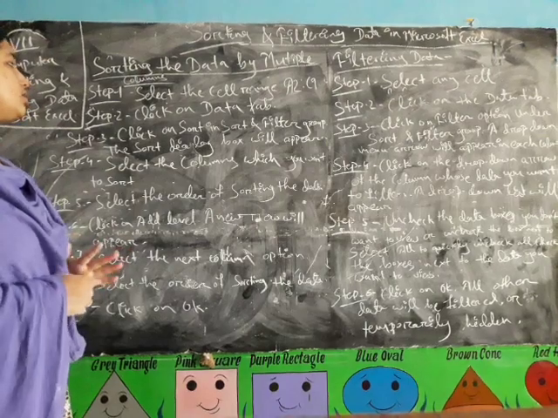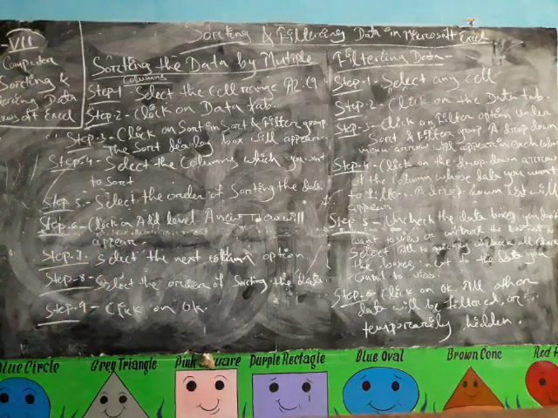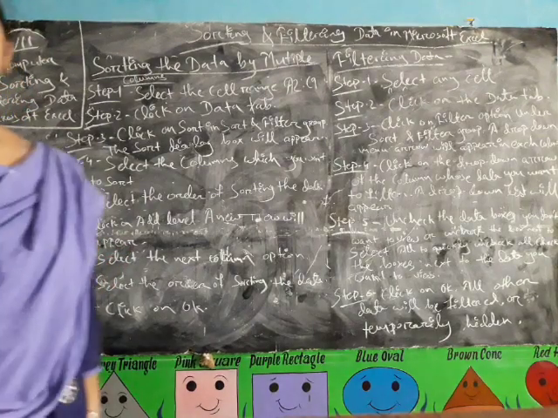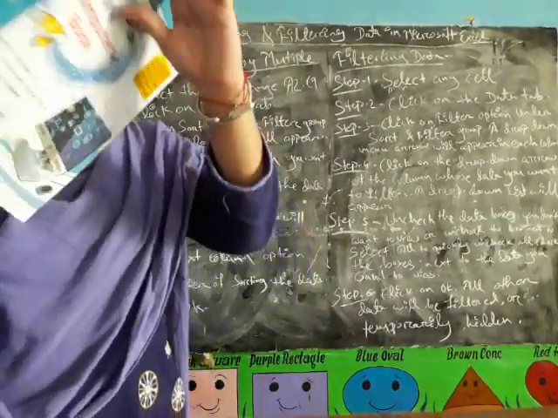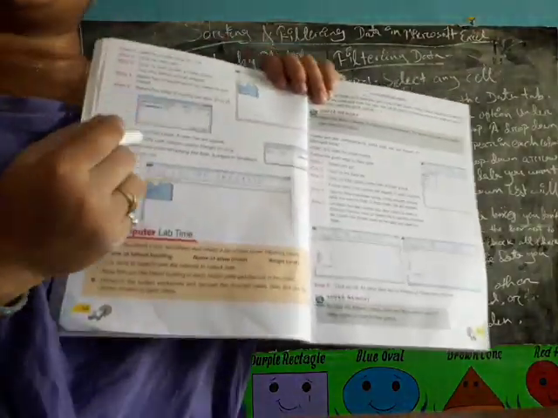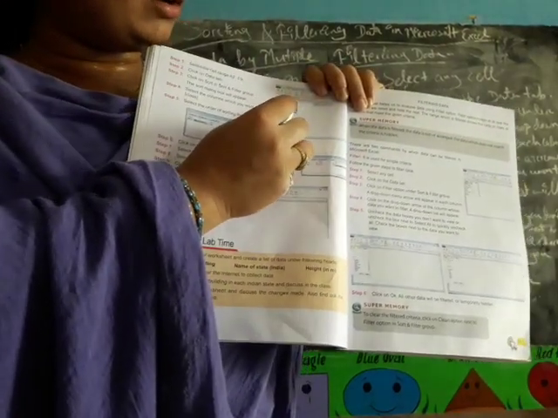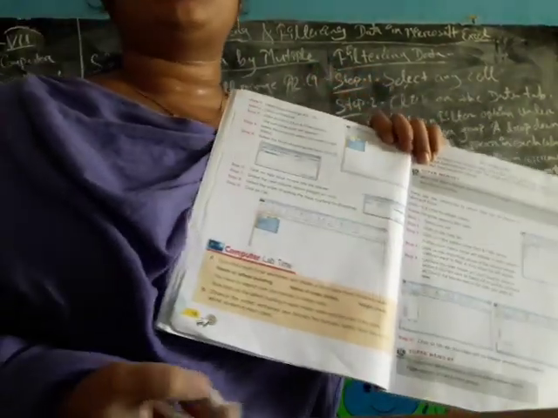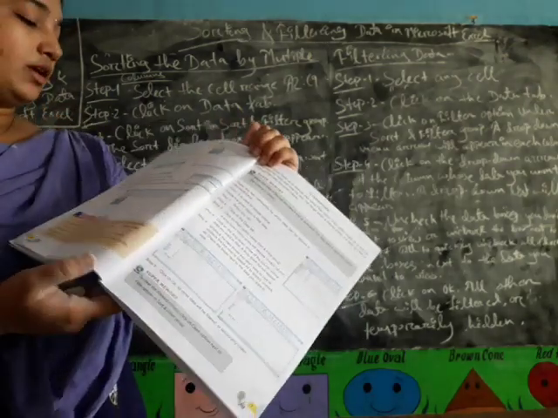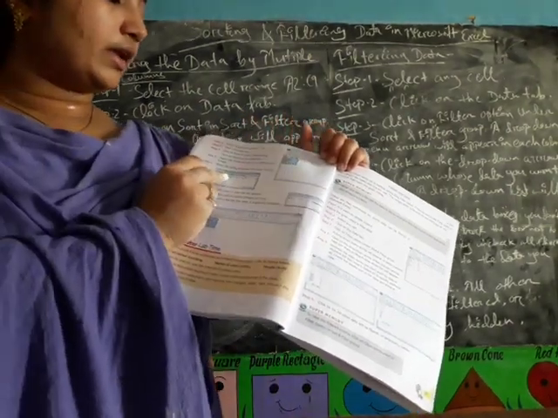Click on the Sort and Filter group. The Sort dialog box will appear. Here we first enter the students' details, like students' names and their heights.